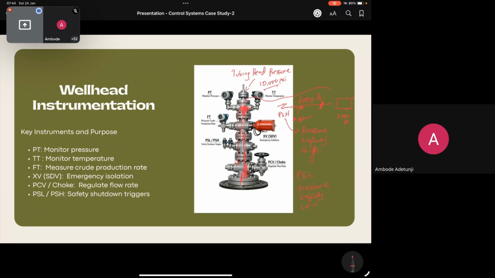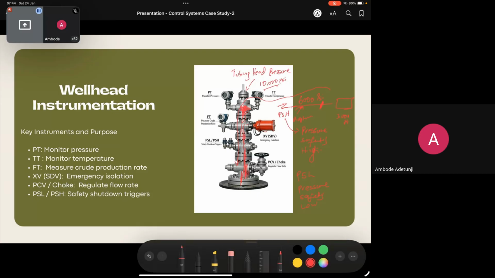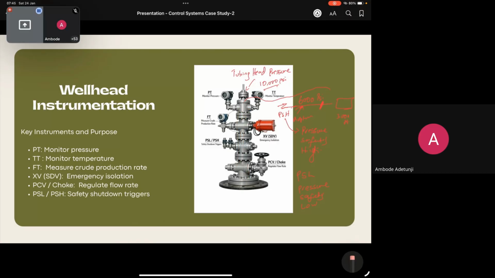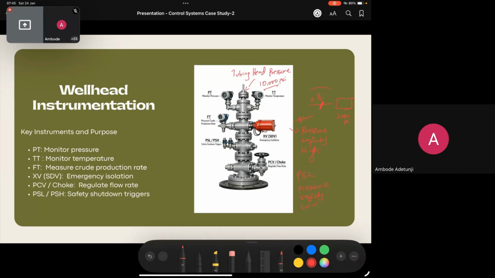That is, instead of producing oil, you are returning oil into the reservoir, which the owners of the plant do not want. So these are the kind of thinking and analysis that you will do as the control systems engineer, right? Let me just leave this note there.